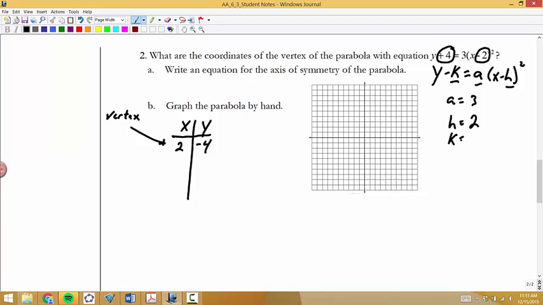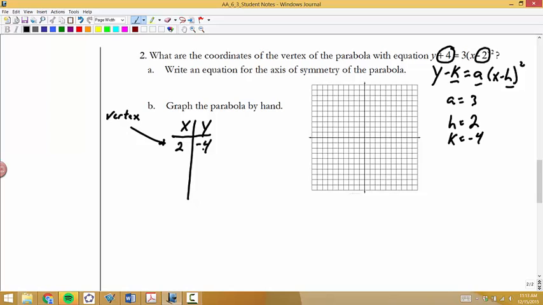So k is going to be equal to negative 4. Now, from that information, as I'm thinking about graphing this parabola by hand, the first thing that I want to do is get that vertex. And once I know what h and k are, that represents the vertex of my parabola.